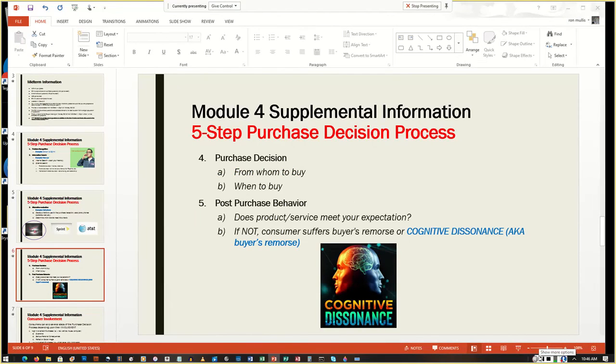Once the alternatives have been evaluated, it's now time to actually make the purchase. While the product or service may have been determined, the customer still has some other decisions to make, such as where to buy the product and when to buy the product.